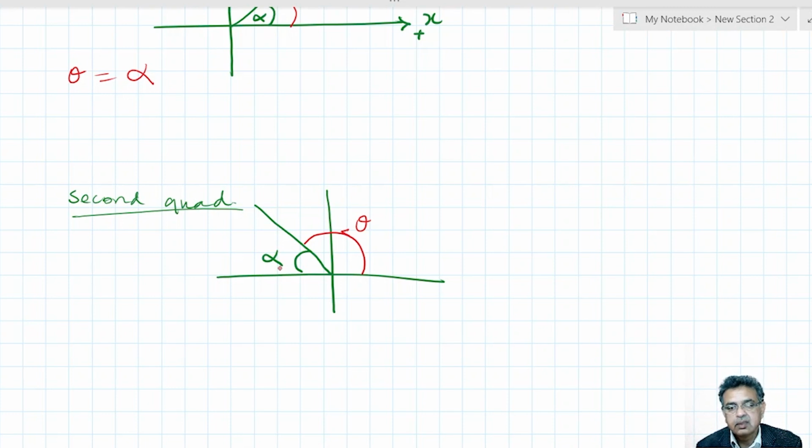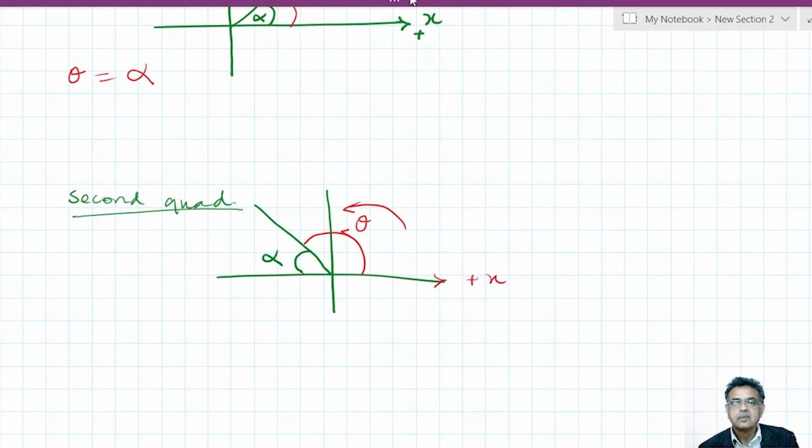Now the reference angle does not depend on the direction of the angle. It can have any anti-clockwise or clockwise direction, but the positive angle must always be in the anti-clockwise direction from the positive x-axis.